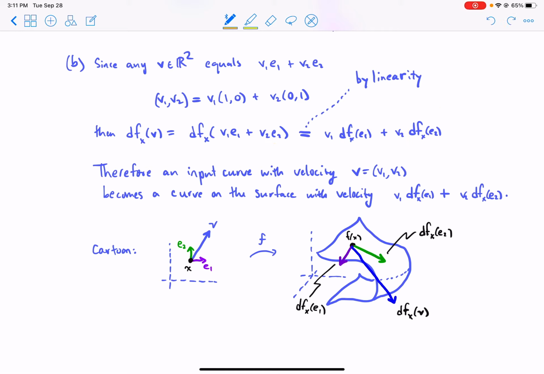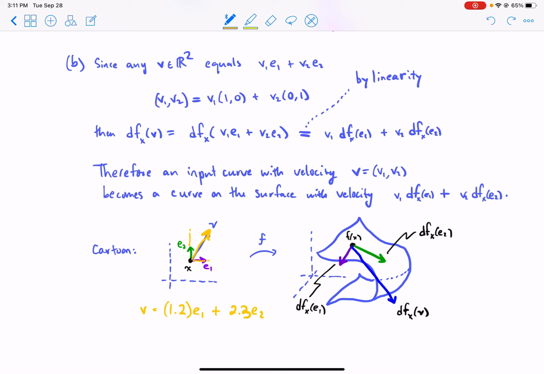In particular, v looks like maybe 1.2 of E1 plus 2.3 of E2. I don't know, it's at least 2 of E2.